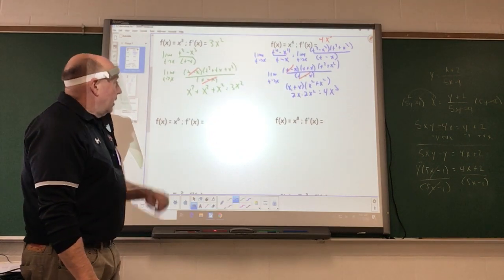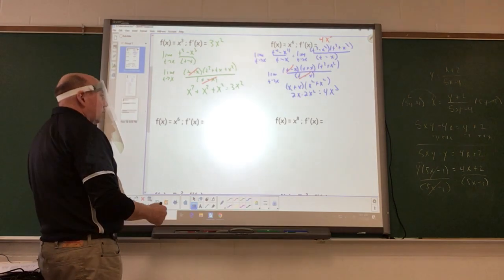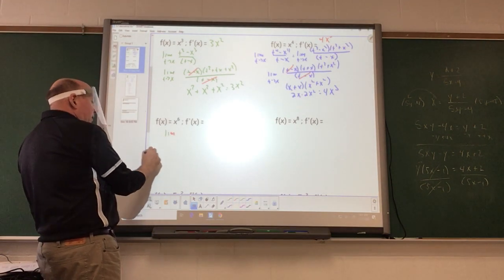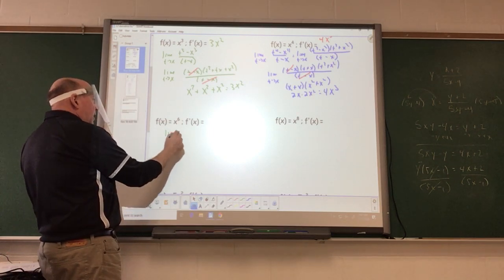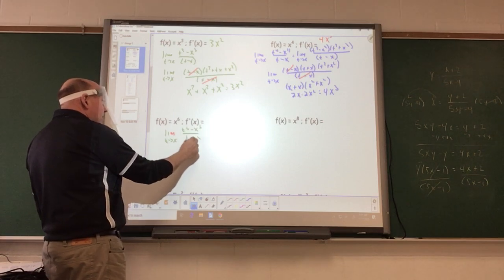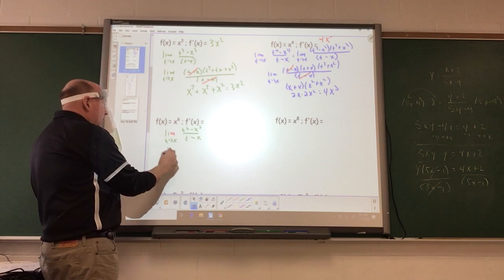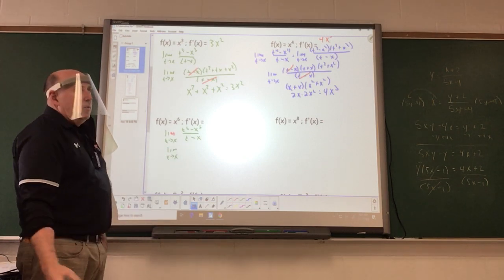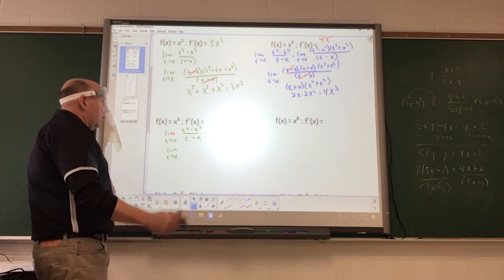If we take a look at x to the sixth, all the fun is just beginning. We have the limit as t is approaching x of t to the sixth minus x to the sixth over t minus x, which is, let's see, we can either do difference of perfect squares or cubes. I'm going to go with the cubes.